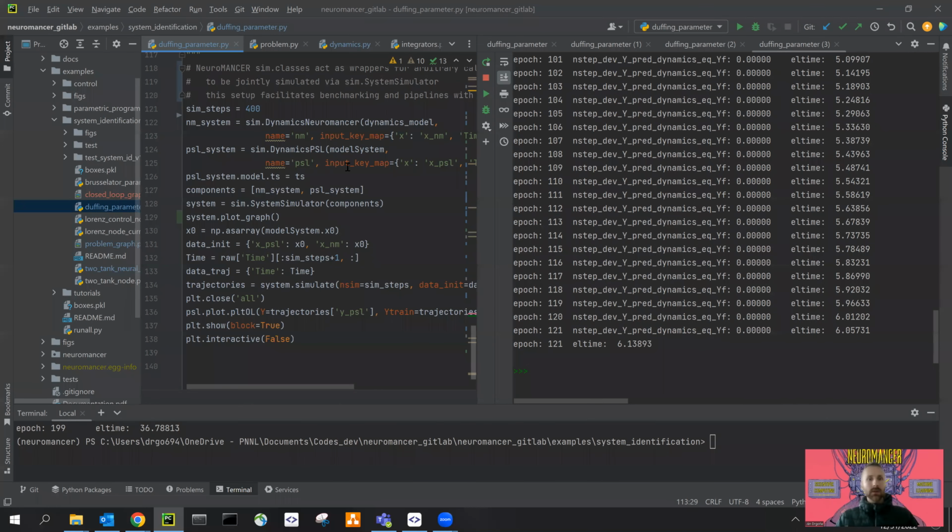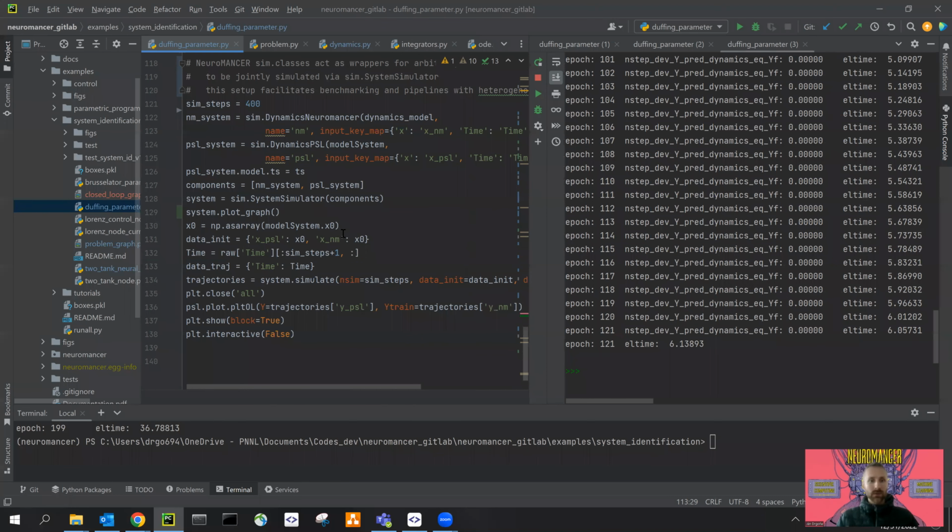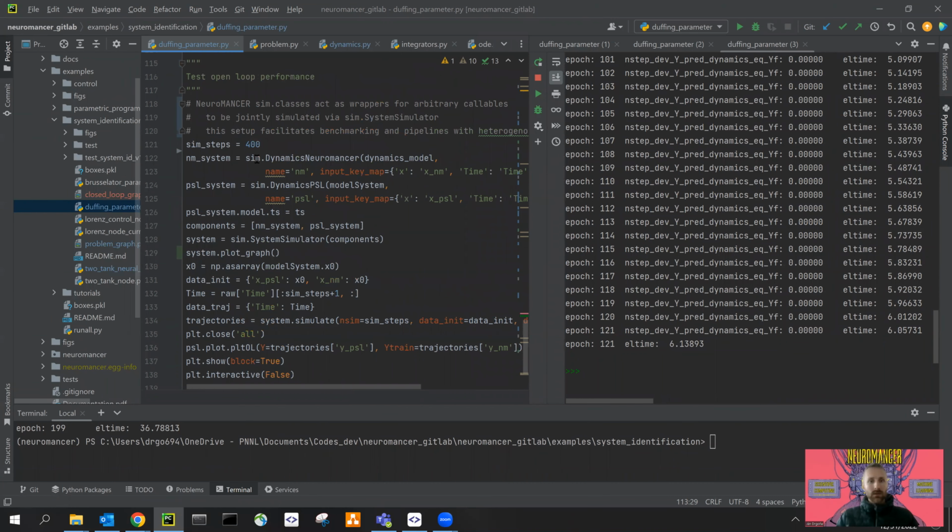And the plotting is executed in this part of the code, where we are using NeuroMANCER simulation classes that basically act as wrappers for arbitrary callables. So we can jointly simulate classes from NeuroMANCER or from other sources like the SciPy library or wrappers of third-party dynamics like OpenAI Gym to facilitate benchmarking and heterogeneous pipelines.